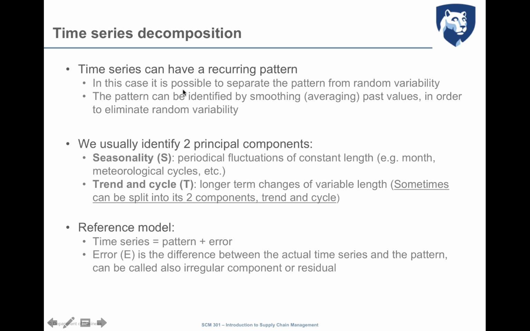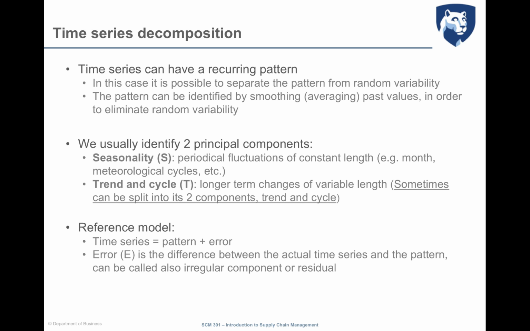In particular, when we have a demand time series over some period of time, we can identify two main components. One is called trend and cycle, so the fact that during the years the demand shows some trend, which can be increasing or decreasing.